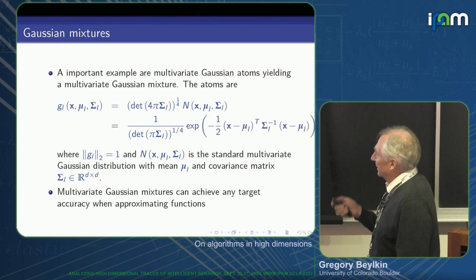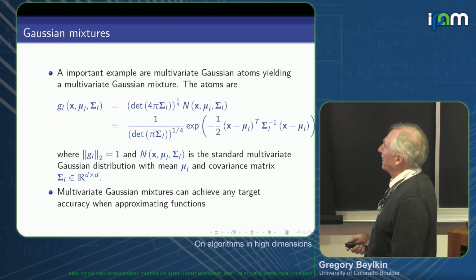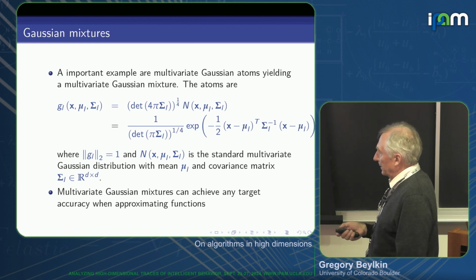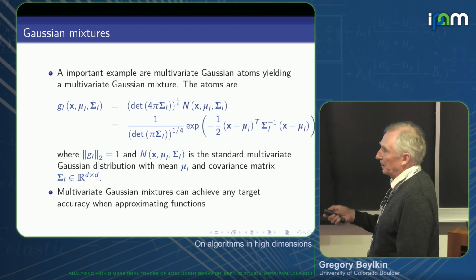So an important example is a Gaussian mixture, a multivariate Gaussian mixture. These atoms are just multivariate Gaussian distributions with some mean and covariance matrix. And the moment this covariance matrix is not diagonal, it's no longer a separated representation.